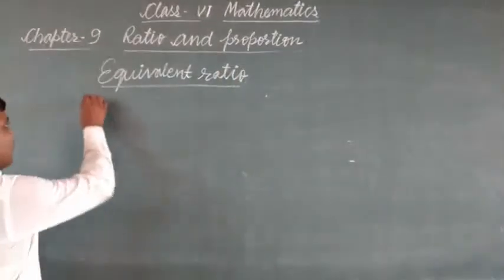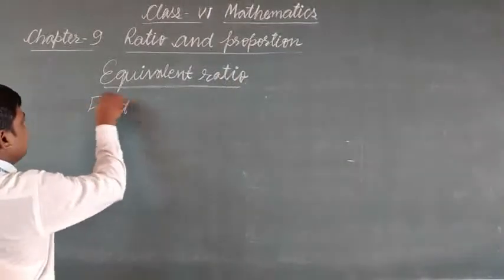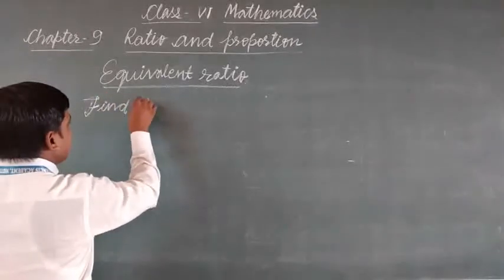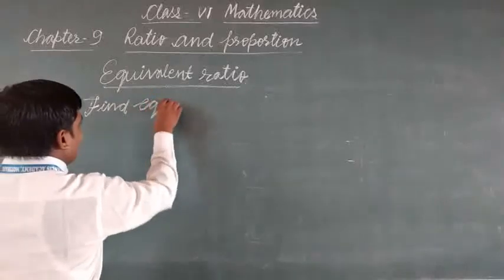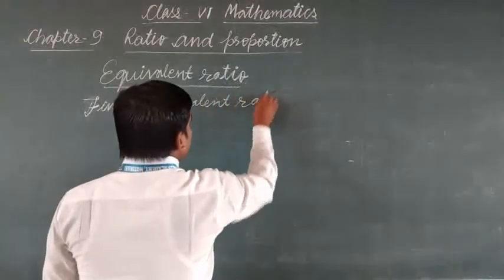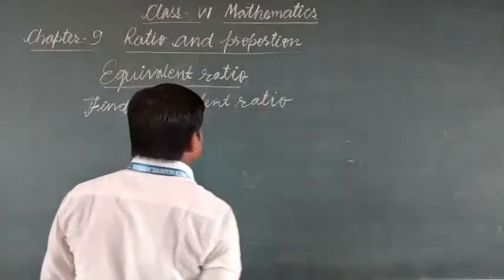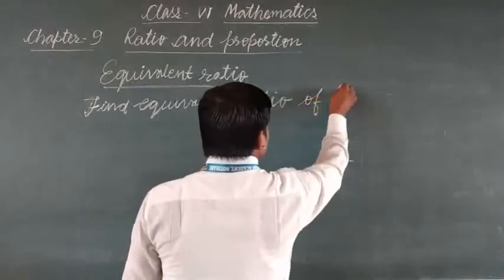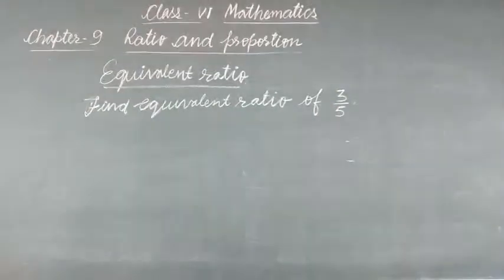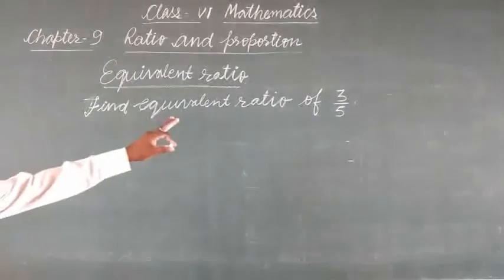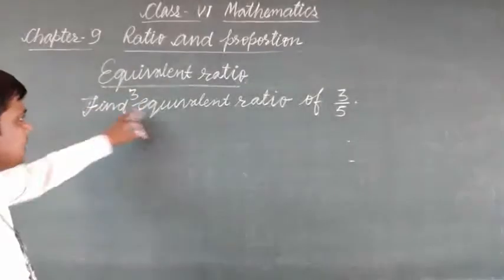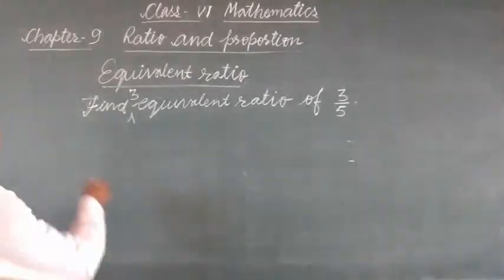For example, find 3 equivalent ratios of 3/5.